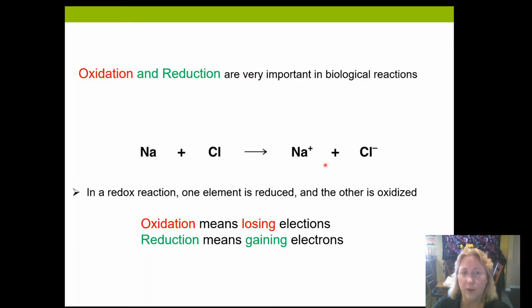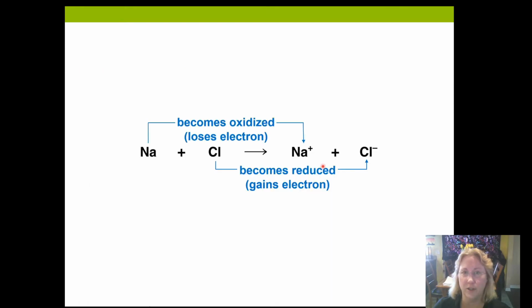And it isn't always this obvious what gets oxidized and what gets reduced, because there isn't always a change of charge in organic oxidation reduction reactions. And always there's both. If one thing is being oxidized, the other thing is being reduced. Sometimes it's much easier to figure out one of the things in a reaction.